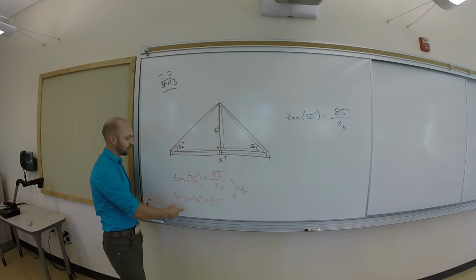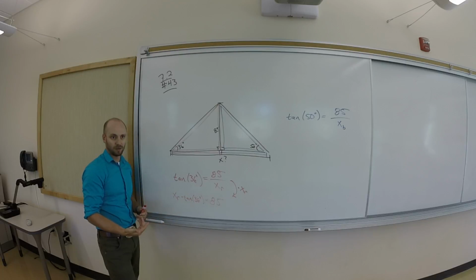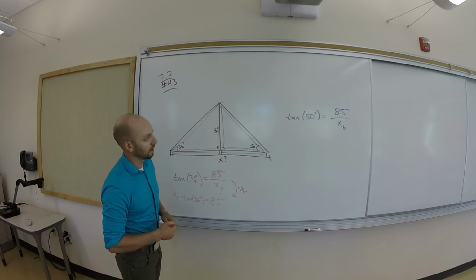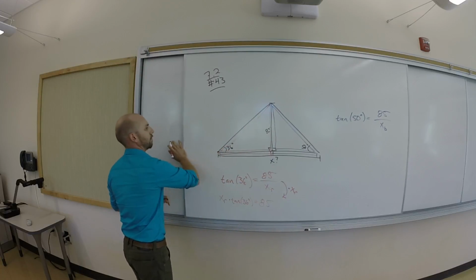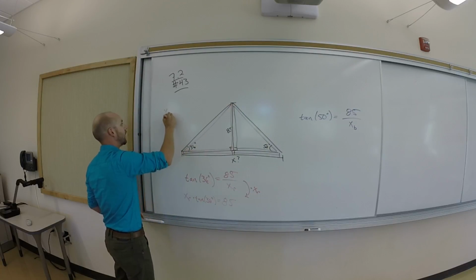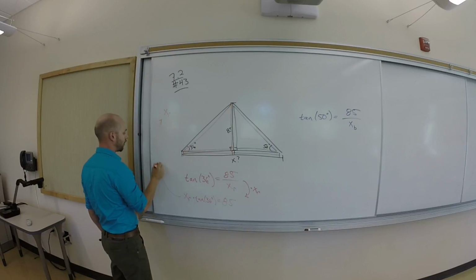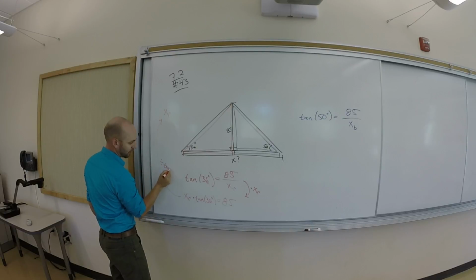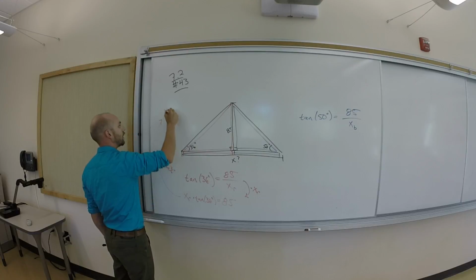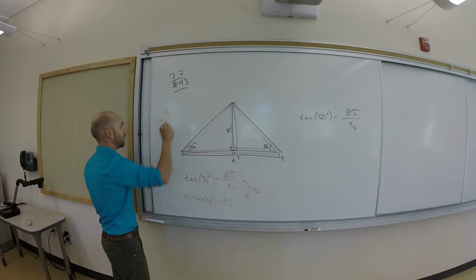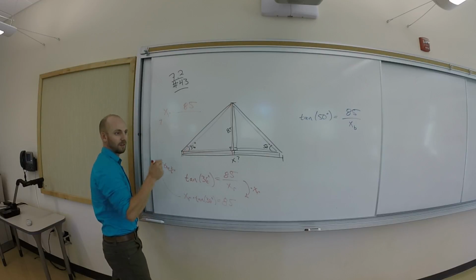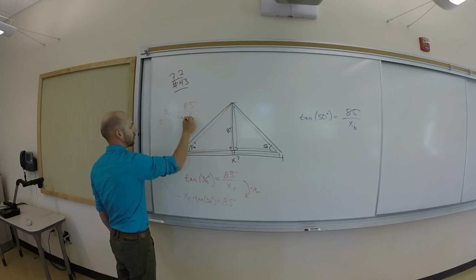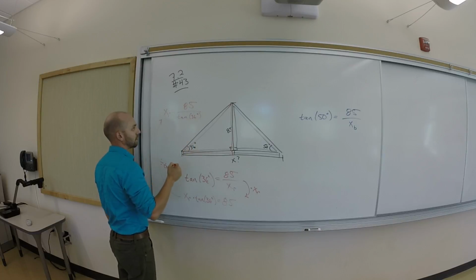And then tangent of 36 is just some number, right? So I can divide by that. So after dividing by tangent of 36 degrees, I'll get xr is 85 divided by tangent of 36 degrees.